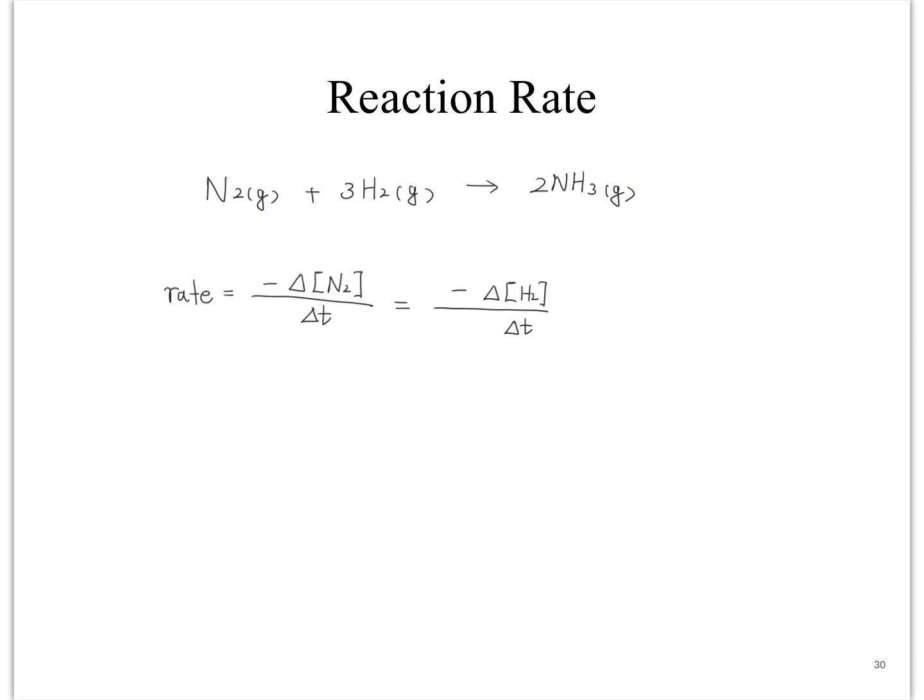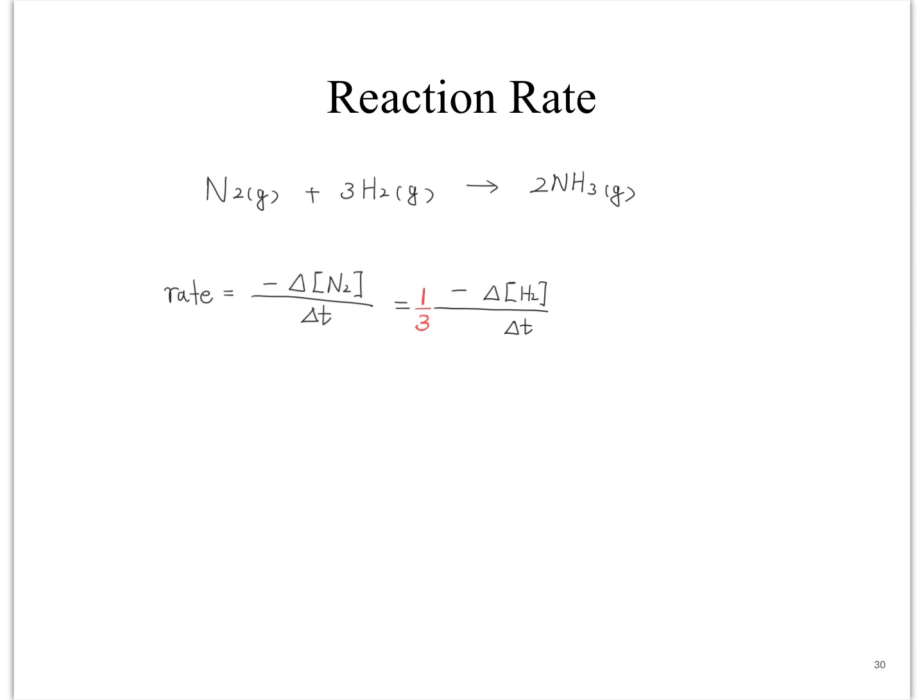Since the hydrogen disappearance is faster than the nitrogen disappearance, we have to incorporate the coefficient here in order to make this writing true. So 1/3 of the disappearance rate of hydrogen gas will be equal to the disappearance rate of nitrogen. That will be true because the hydrogen disappearance is 3 times faster compared to the nitrogen.